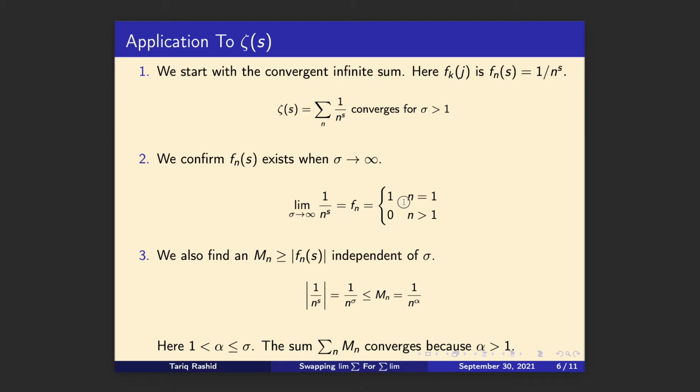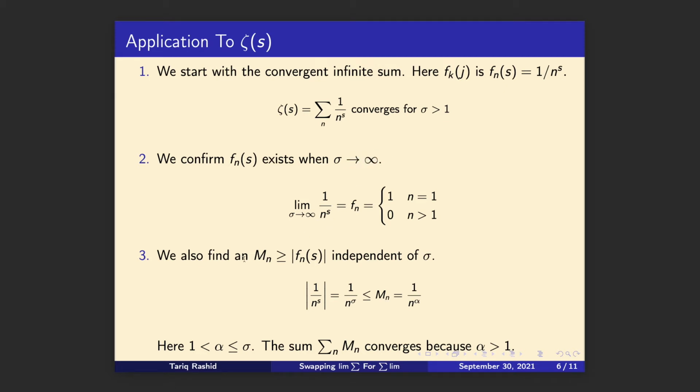So we've got a function that's defined under 2 conditions. It's 0 for all n more than 1, and it's 1 when n is 1. And although that's not something like sine x or x squared, it's not a polynomial, it's still a valid function, and it does exist when sigma goes to infinity, so that's fine.